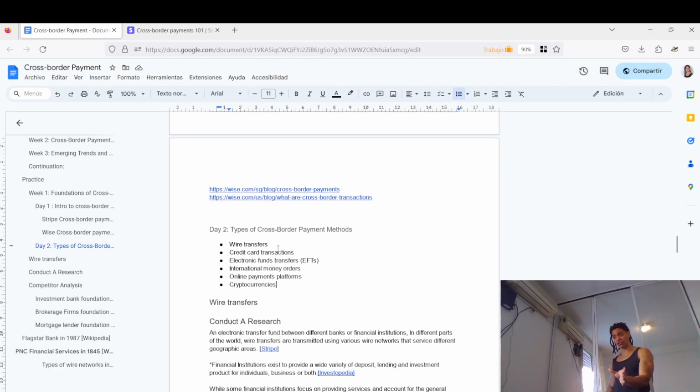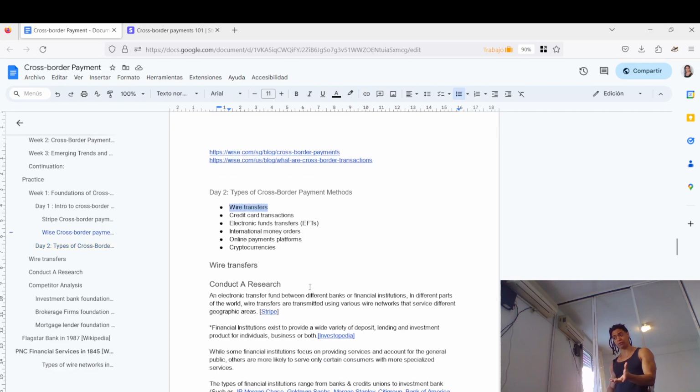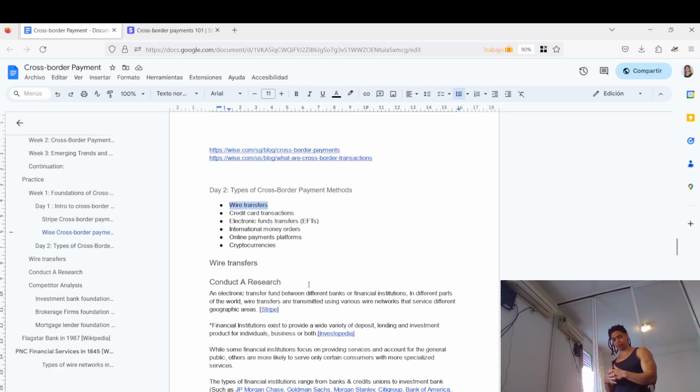I'm going to focus on the first one, which is wire transfer. It's an electronic transfer between different banks or financial institutions. To know more about financial institutions, according to Investopedia, they exist to receive deposits and issue loans.